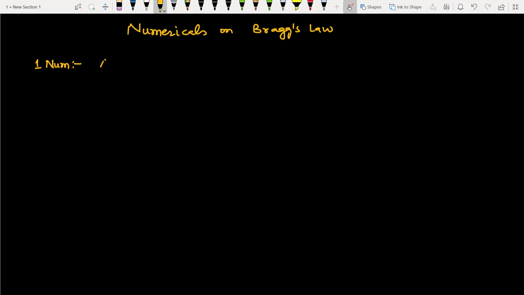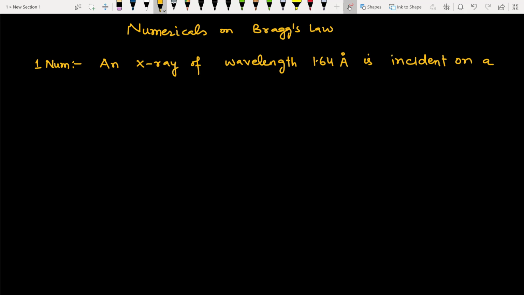First numerical: an X-ray of wavelength 1.64 angstrom is incident on a single cubic crystal of lattice constant four angstrom.